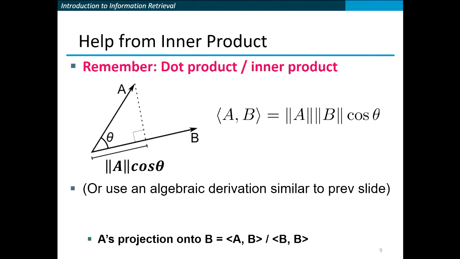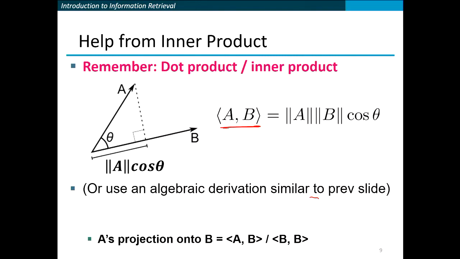If you know the inner product, we already introduced the inner product slightly in the linear algebra review. In the Euclidean space, the inner product is also the dot product, because the dot product was derived from geometrical intuitions. I consistently use inner product because it's easy to generalize to other cases, especially in the kernel version.